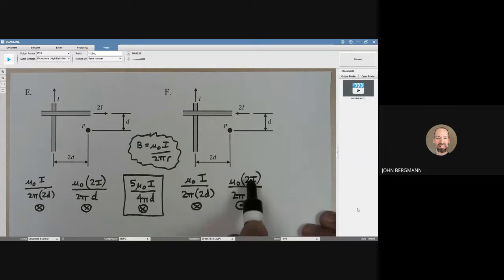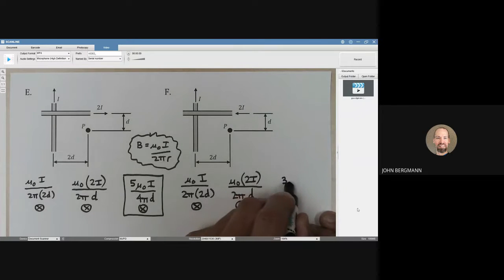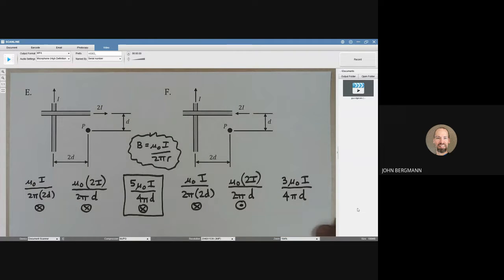I'm seeing this turns out to be 1, doesn't it? 2 and a 2, so that's 1, and this is 1/4, and we have to subtract, so that's going to be 3/4. 3 mu naught I over 4 pi d, and the bigger one is going to win. Who's bigger? Out of the page is bigger, because this one was 1, and that was 1/4. I think that's what you've got.